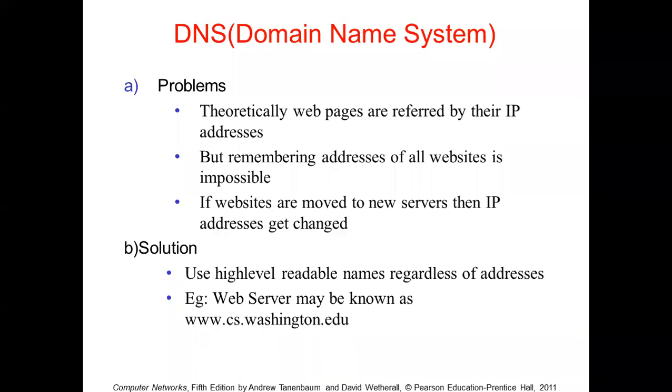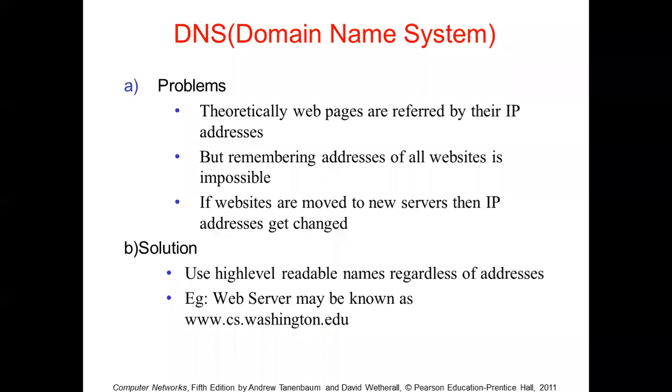Theoretically, web pages are referred to by their IP addresses. But remembering the IP addresses of so many websites is very, very difficult, almost impossible, because there are millions of companies or millions of people on the internet who want to advertise their products or their web pages.